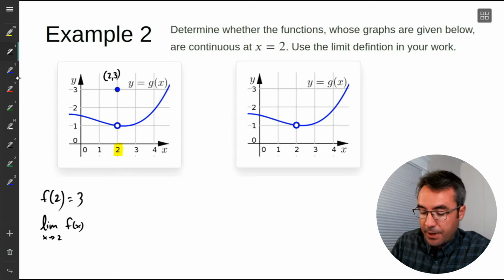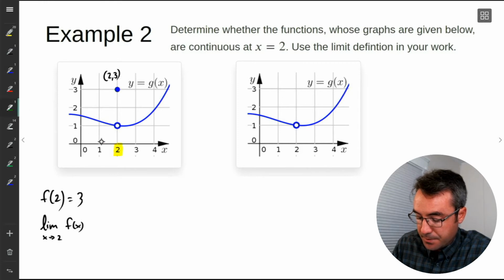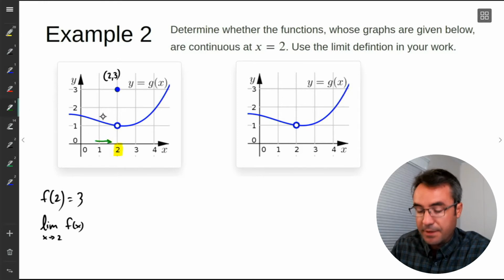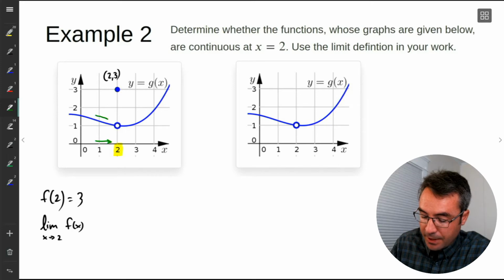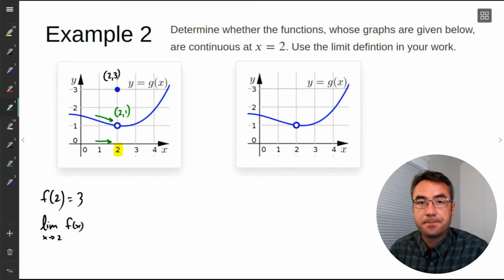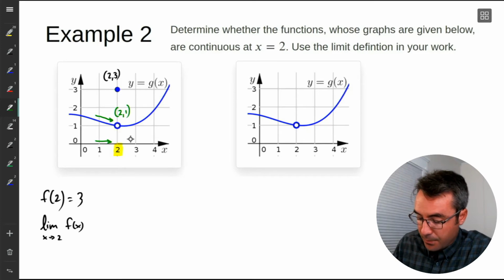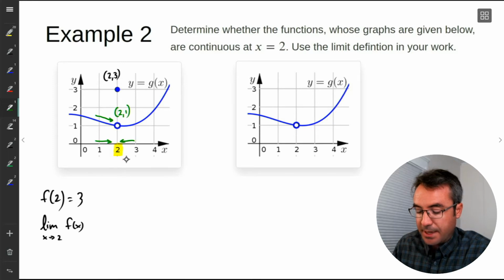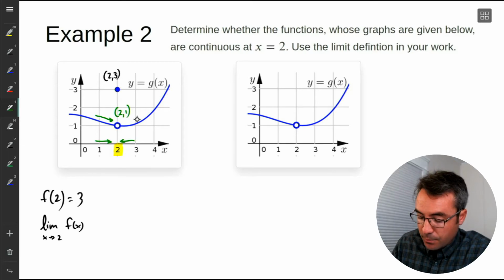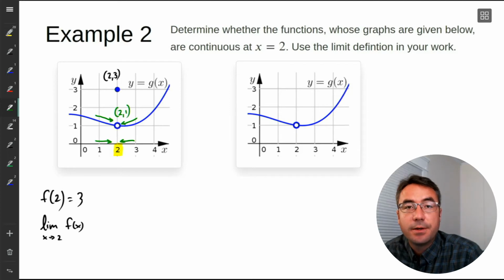And if we look at the graph, what do we see? So as x gets closer to 2, on the left side, it looks like our graph is getting closer to this point right here, which has coordinates 2, 1. So the left-hand limit would be 1. And then if we look on the right side, if we approach from the right side, it looks like we're approaching that same point, 2, 1.